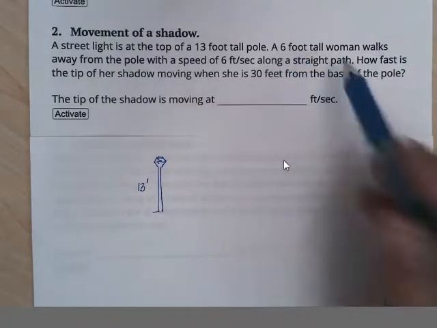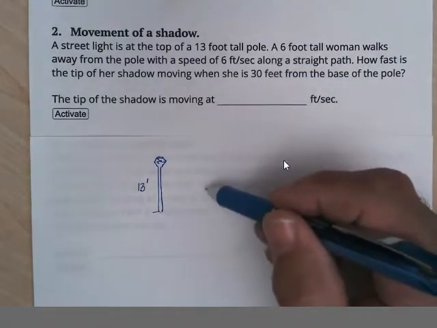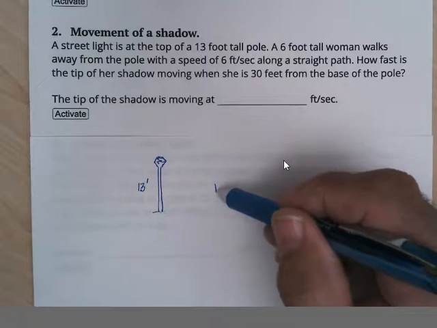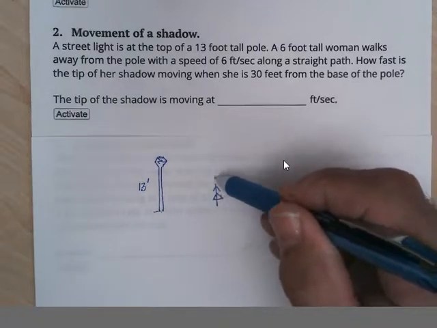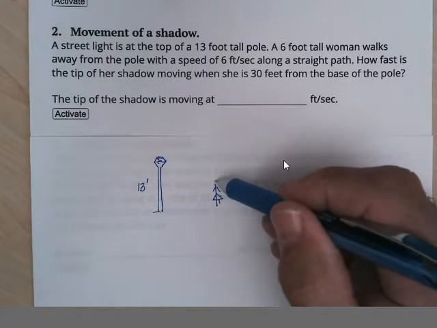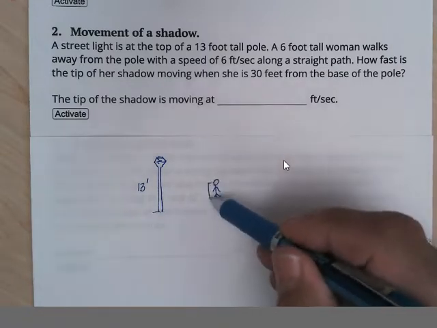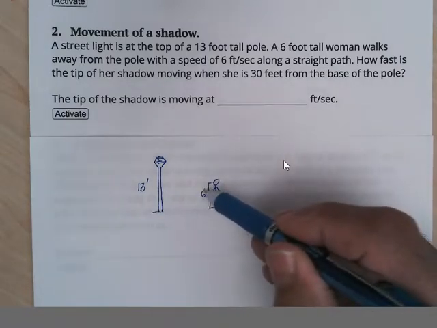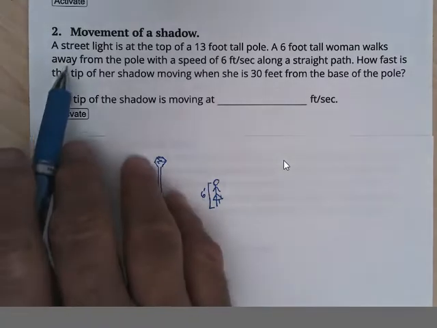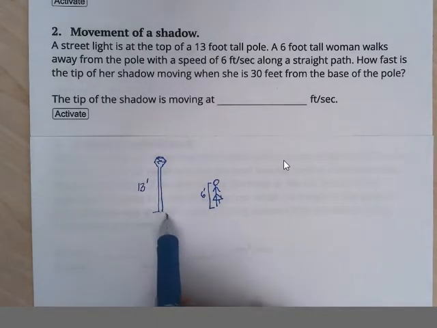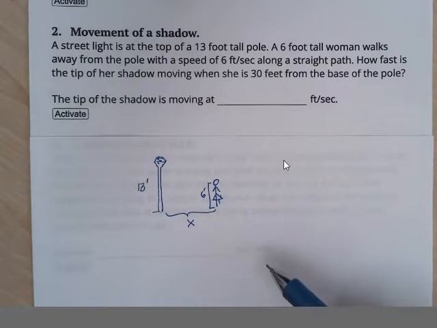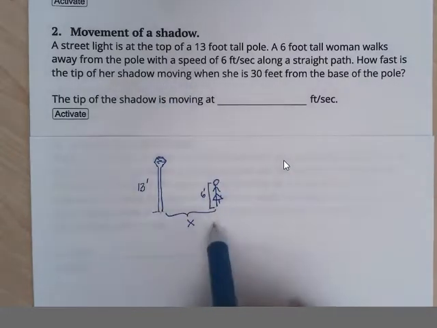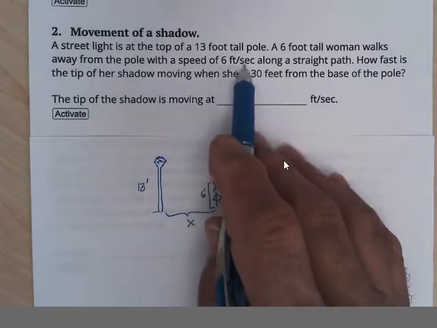A 6-foot tall woman, that's not changing, walks away from the pole, so that will be changing, at a speed of 6 feet per second.